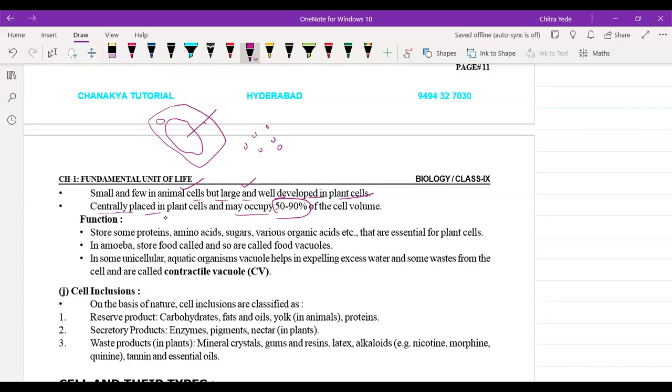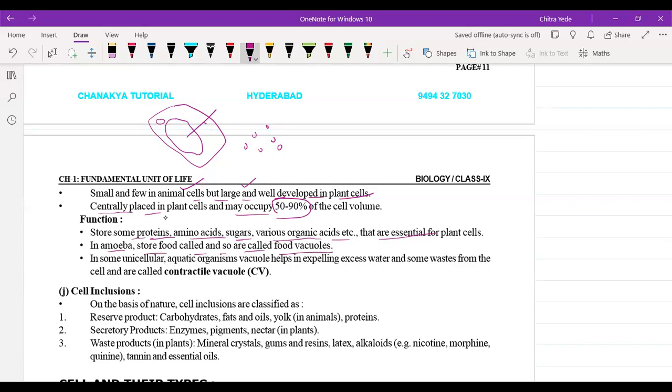The main function is to store protein, amino acids, sugar, and various organic acids that are essential for plant growth. In amoeba, stored food is called food vacuole.